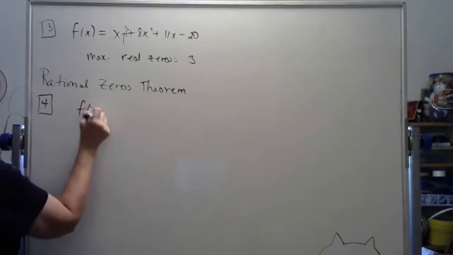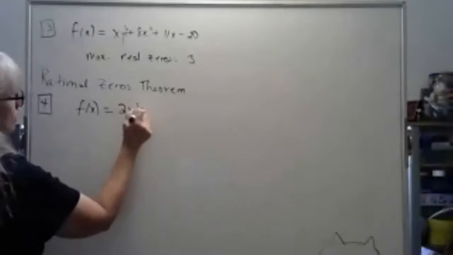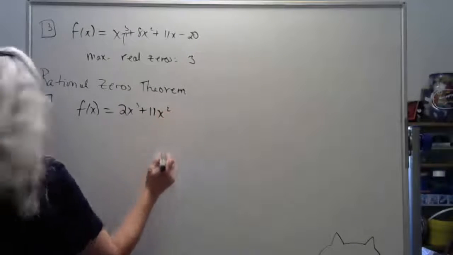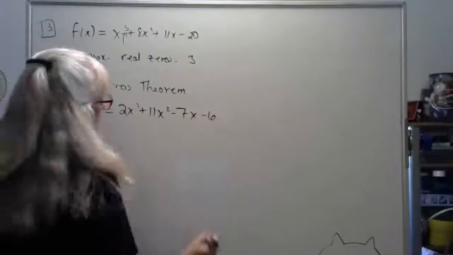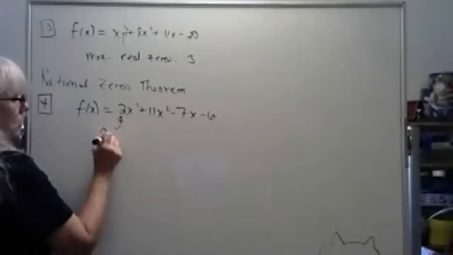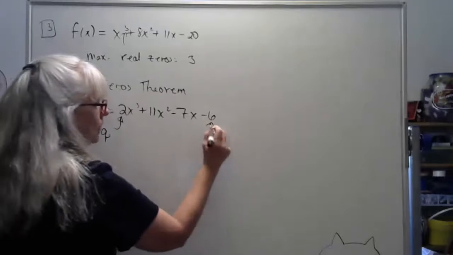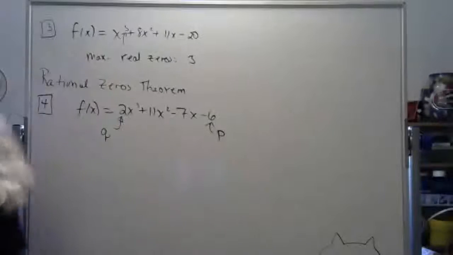So f of x is equal to 2x cubed plus 11x squared minus 7x minus 6. Okay, so the coefficient out in front is what we're going to refer to as q. The last or constant at the end is going to be what we refer to as p.